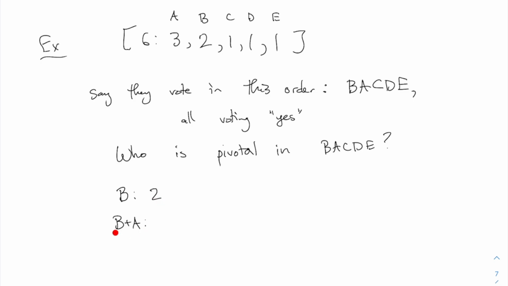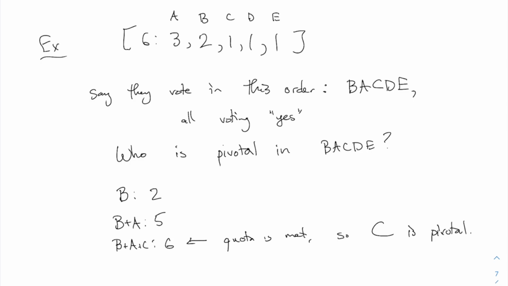If it's B followed by A, that would be 2 and 3, which is 5. Still not making it to the quota. The next one, once C joins in, B, A, and C now adds up to 6, and the quota is met. So C is pivotal.